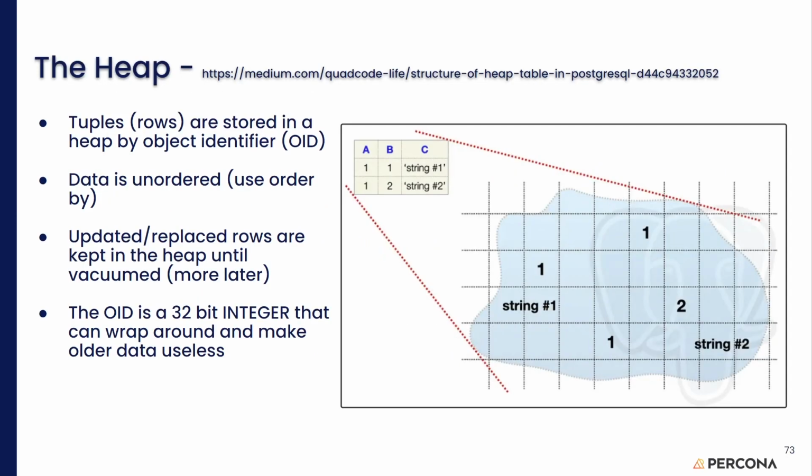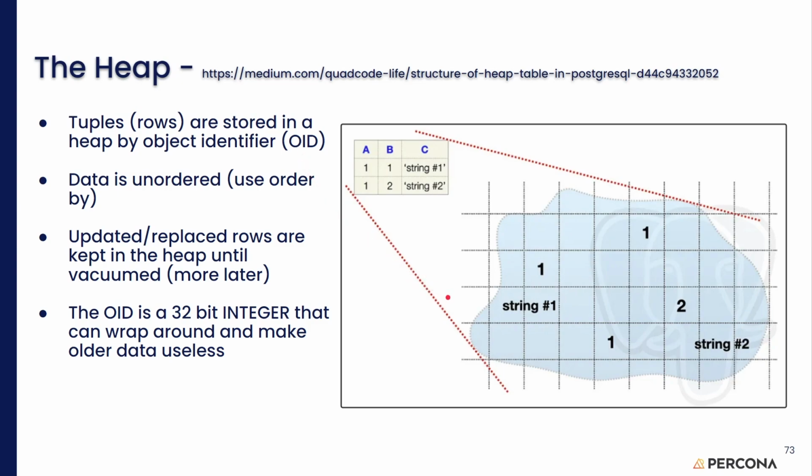Now, the data in Postgres is stored in something called a heap. As I mentioned earlier, think of it as a teenager's bedroom where they have all their socks, clean and dirty. The rows are stored in the heap by this object identifier number, also known as an OID.